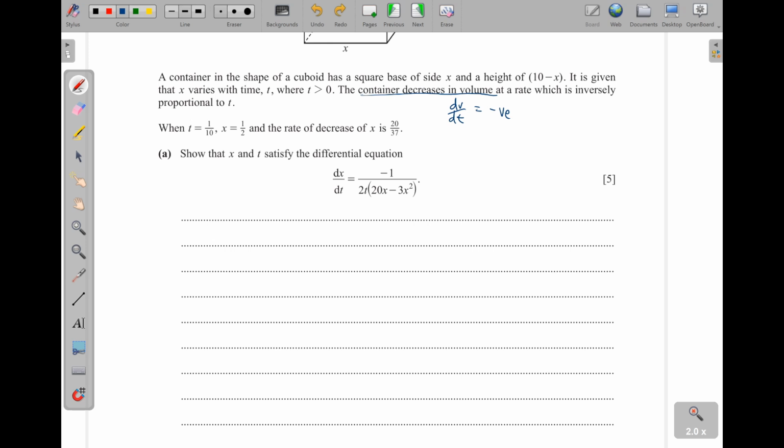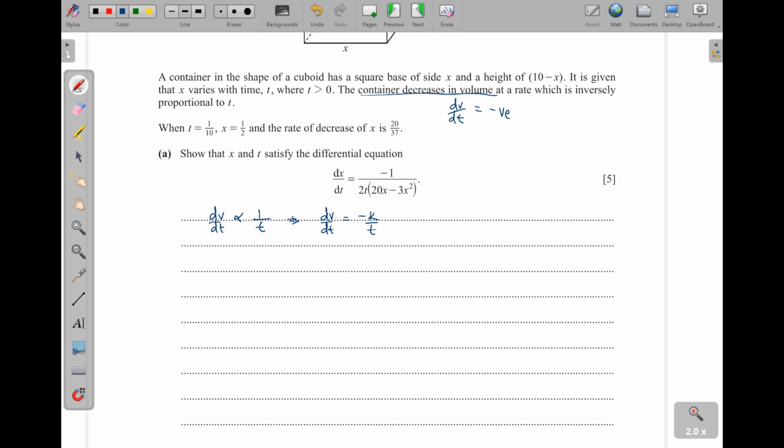In IGCSE or in O-level, you used to do variation. So we shall have dV/dt, which is inversely proportional to t. So it is 1 over t, okay? Now, by removing the proportionality sign, we put the proportionality constant. So this is dV/dt, which is going to be equal to negative k over t, just like that, okay?